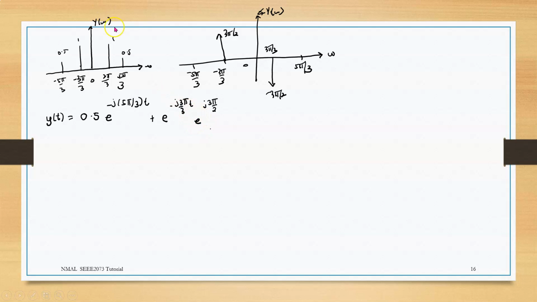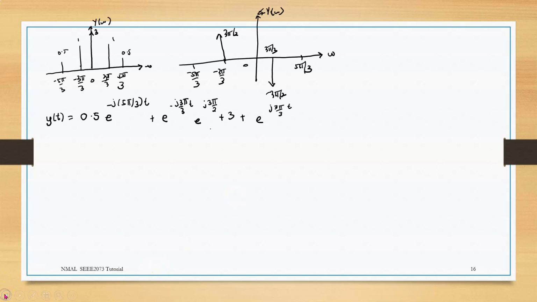And then actually we have 3 here at n equal to 0. So plus 3 plus exponent, take the positive part here. This is 3 exponent j 3 pi over 3t. And then for the spectrum at omega equal to 3 pi over 3, there is a negative 3 pi over 2 phase.